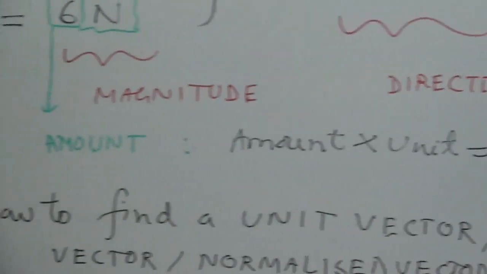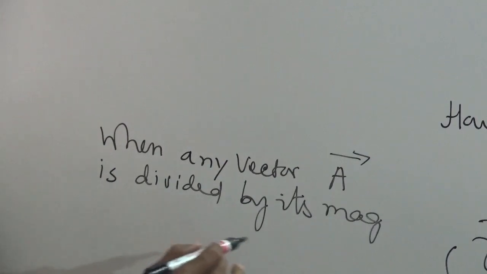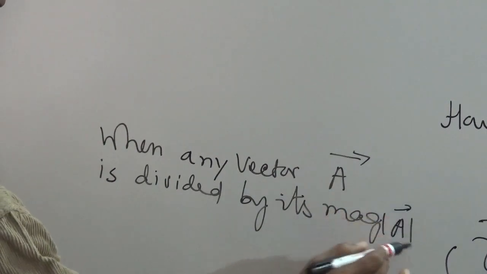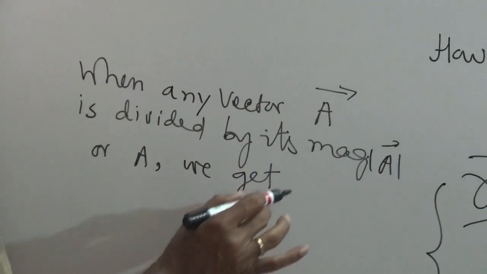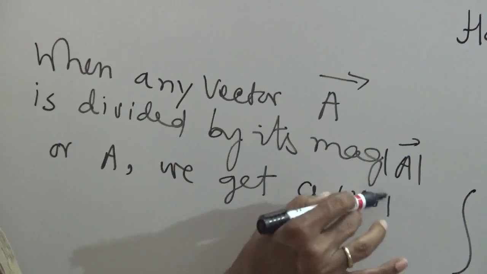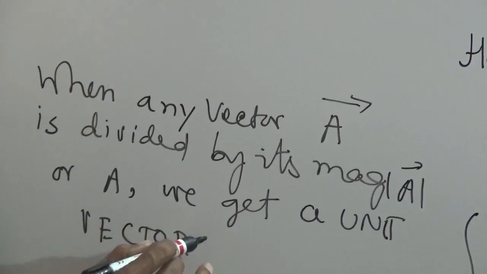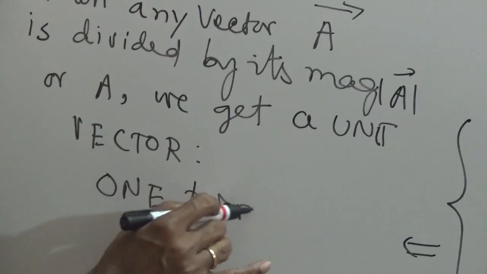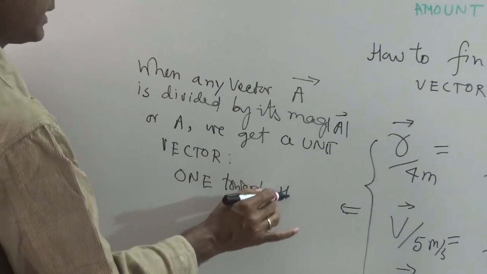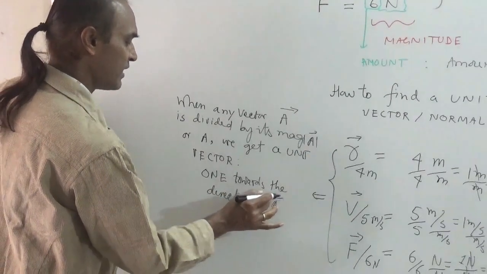When any vector A is divided by its magnitude, that is mod of A or simply A, we get a unit vector, that is 1 directed towards the direction of the given vector.